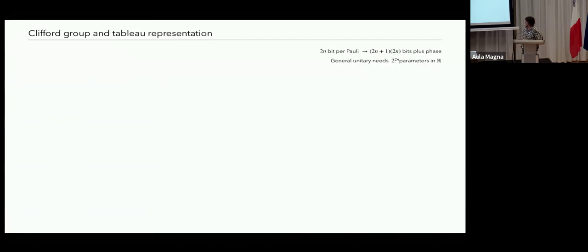Maybe I've touched on this a tiny bit, but at the beginning this morning, I told you that we take our qubit and the only thing that we care about is the algebra representation, so the poly X and the poly Z. So there are some operations, the Clifford group operations, that are easily described in this framework.